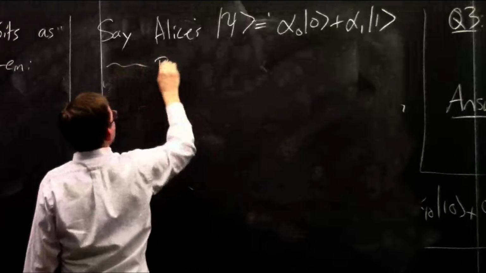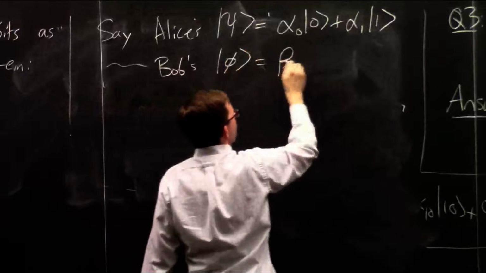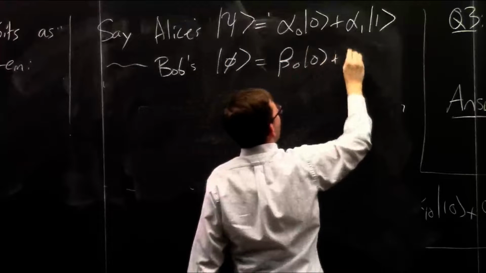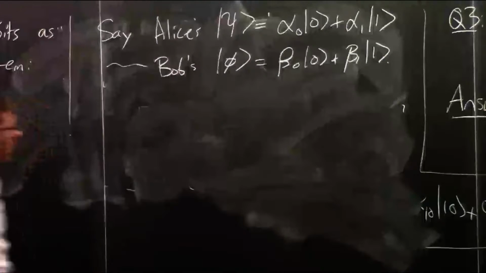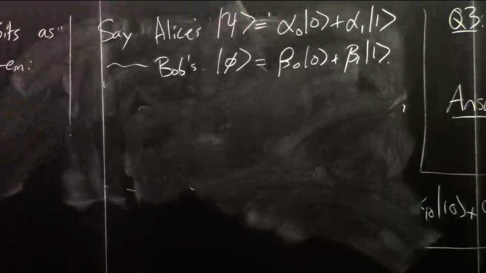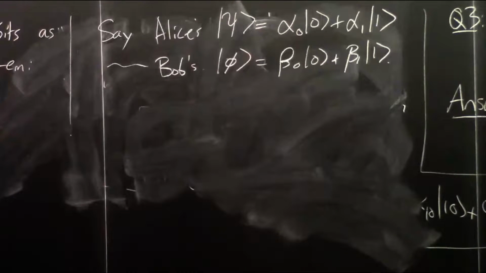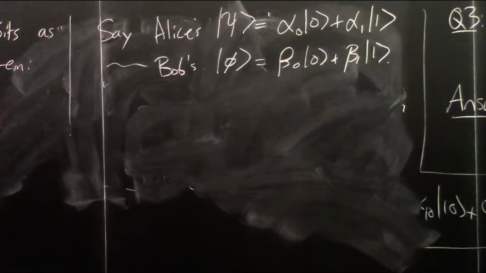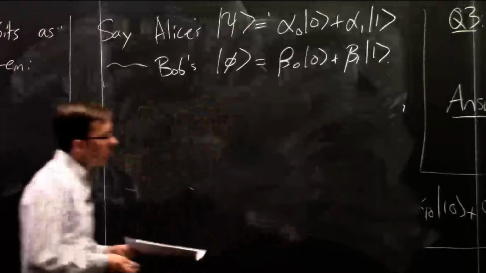And let's say Bob's phi is beta 0, amplitude on 0, and beta 1, amplitude on 1. OK, so the question is, when you view them as a joint state, what are these gammas? And as I was suggesting, if you think about it for 2 minutes and take a guess as to what you think the answer will be, you'll be correct.